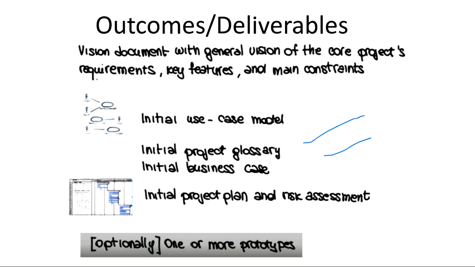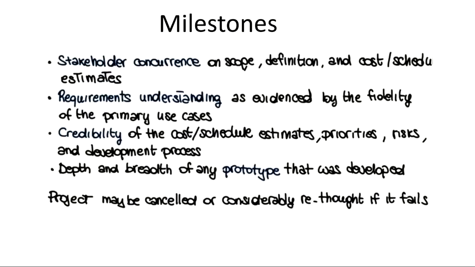Now these were the things that we try to achieve, or the outcomes of your inception phase. Next come the milestones, that is, what finally the inception phase will give you. What will happen after the end of the inception phase, where will you reach? These are the milestones. Stakeholder concurrence on scope definition.